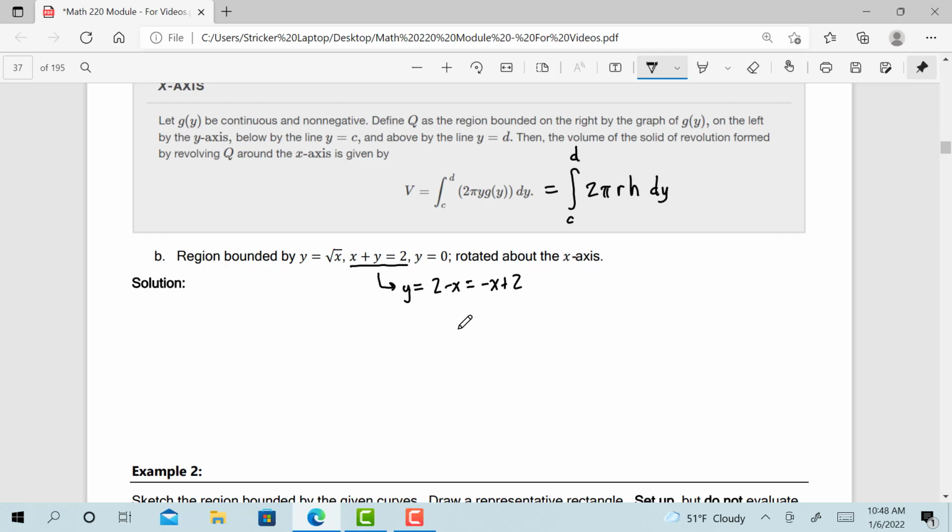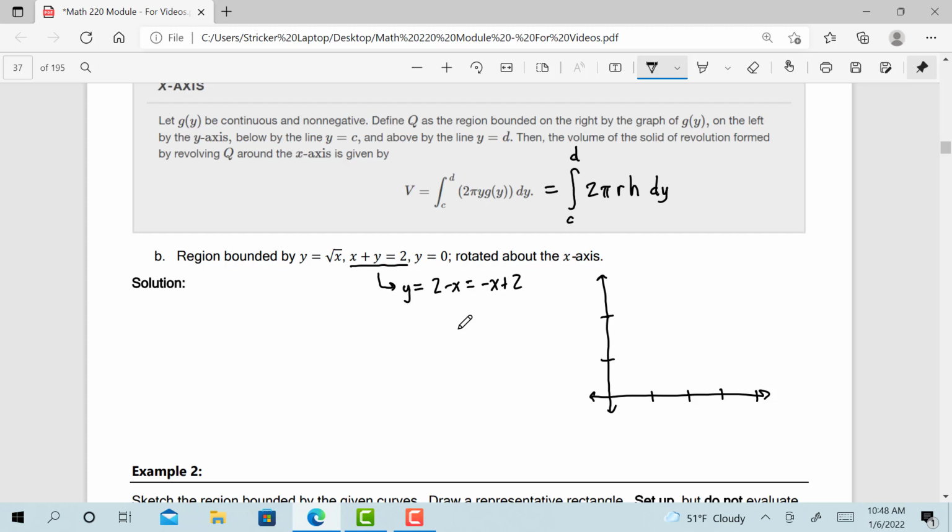So let's go ahead and graph this region. So y equals negative x plus 2, that has a y-intercept of 2 and a slope of negative 1.